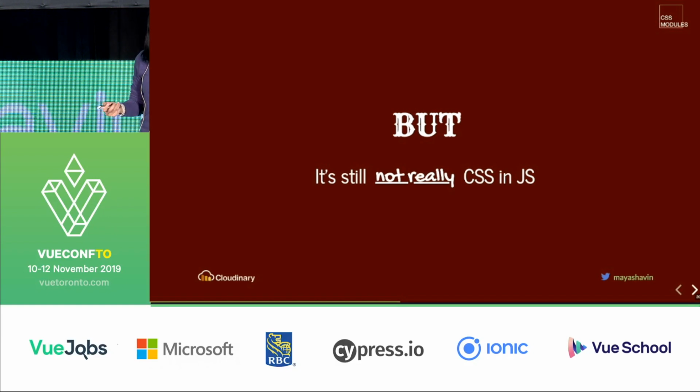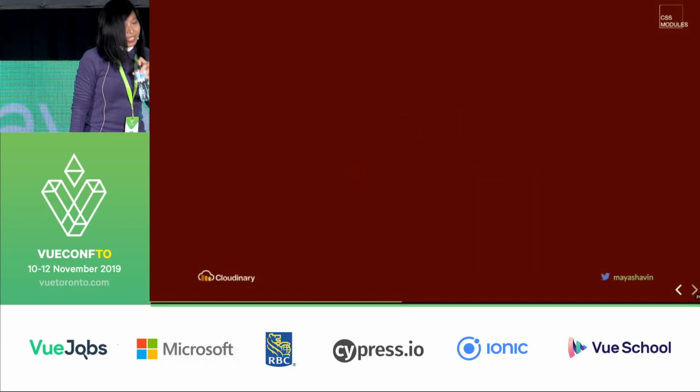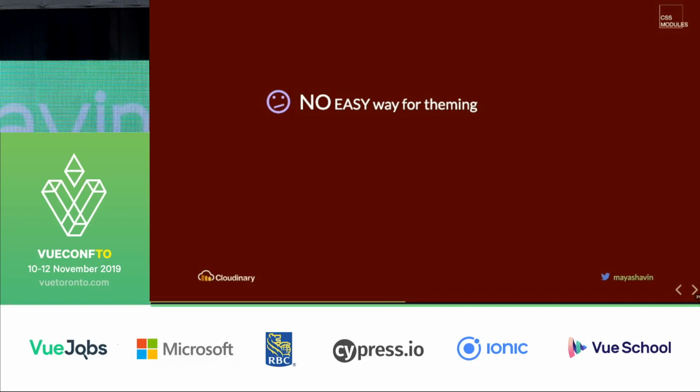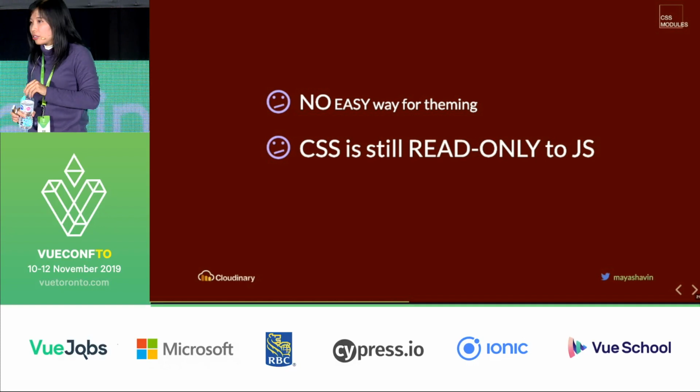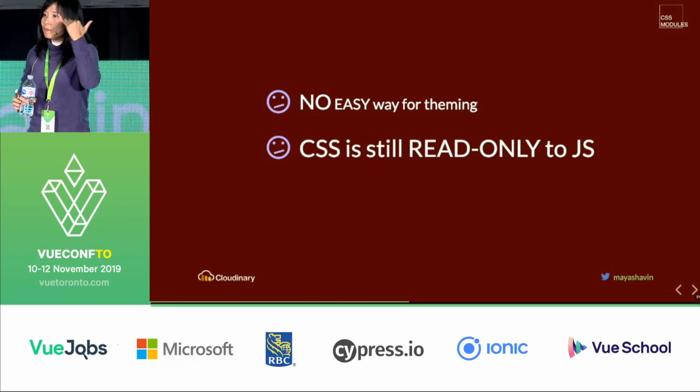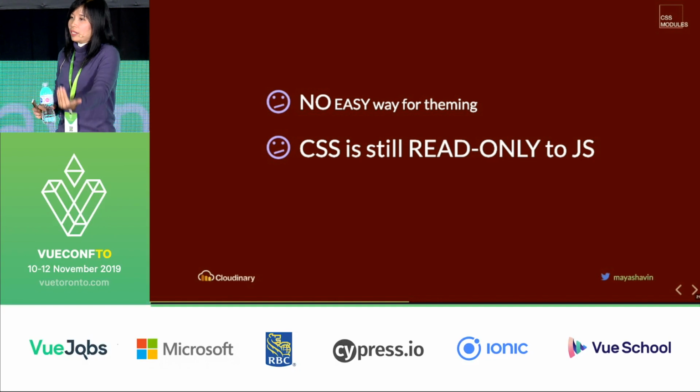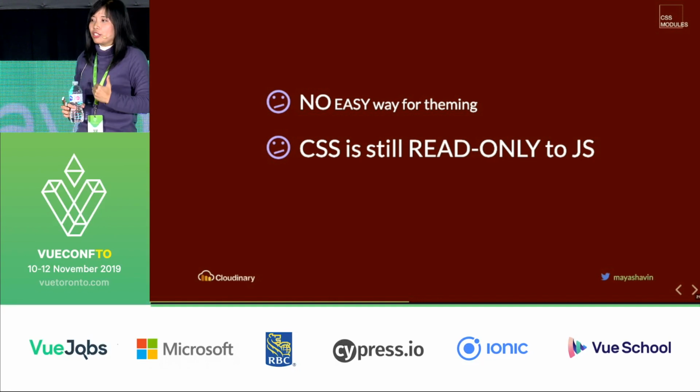Why? Because there's no easy way for theming. You have to do theming with external help, like writing inline style, using CSS variables, or you have to write directly using JavaScript code. Because CSS still remains a read-only object to JavaScript code. Because we export it as an object, we don't have reactivity between these two files.